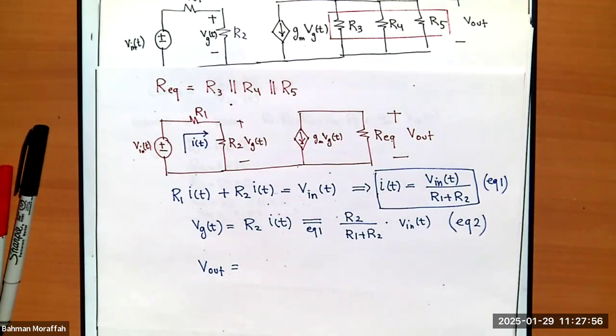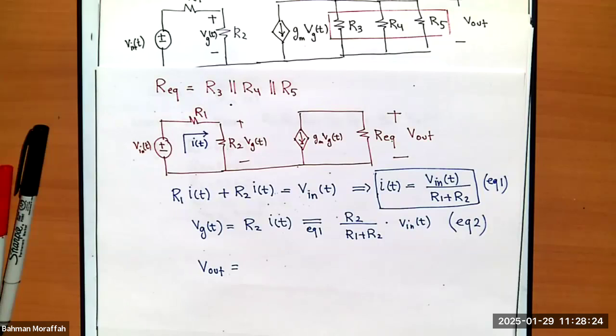If there's a question, you can ask me. So I know exactly the current through R equivalent. What is it? Look, I have that current source that dictates exactly what value of current I should have through R equivalent.